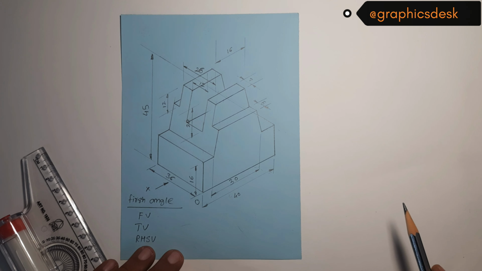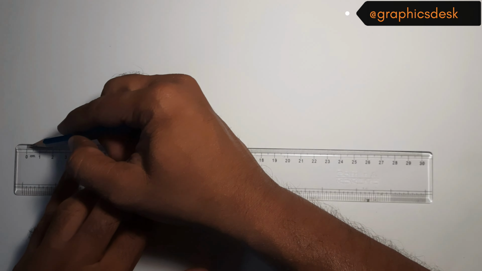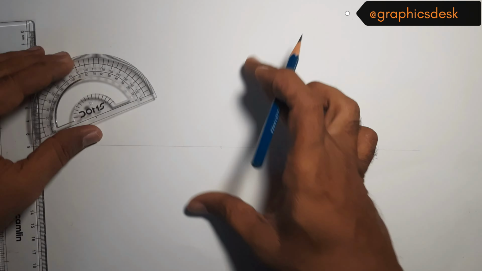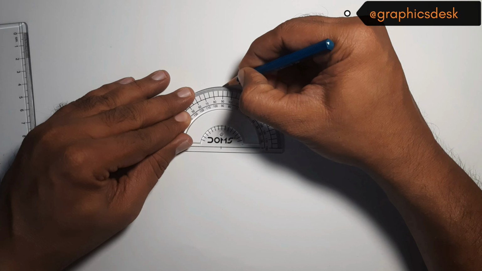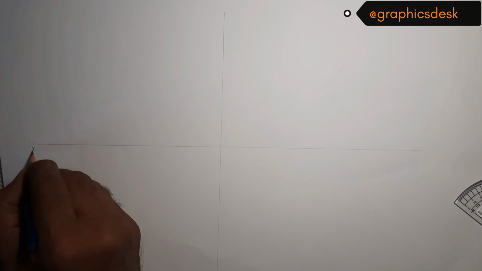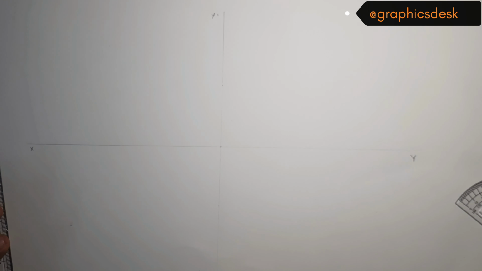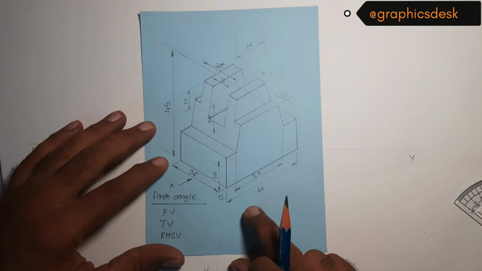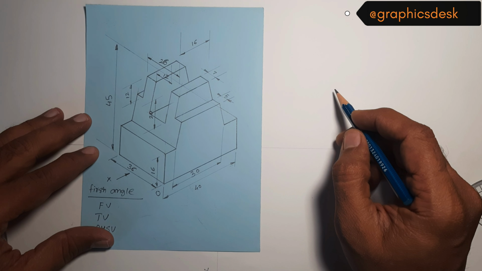So let's draw the XY line and we'll start with the front view. So this is our XY and this is X1, Y1. Okay, now as it is a first angle method of projection, we will have our front view over here.